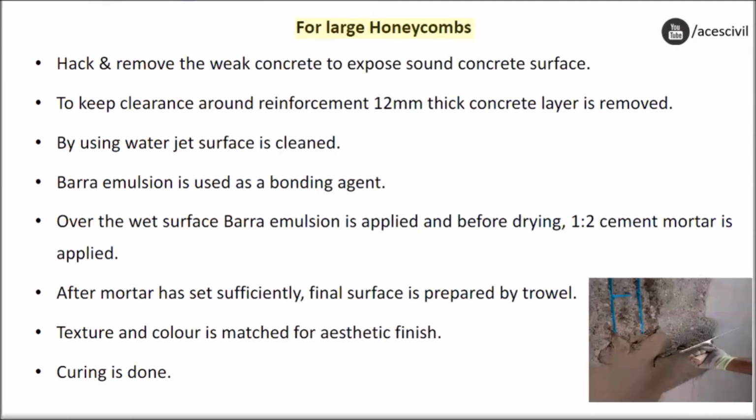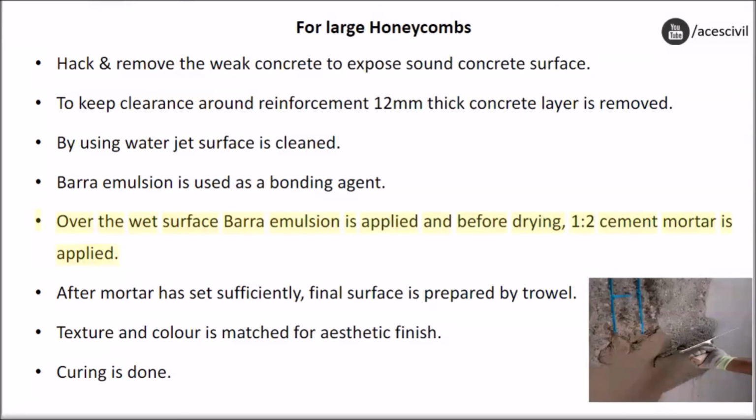For large honeycombs, hack and remove the weak concrete to expose a sound concrete surface. To keep clearance around reinforcement, a 12 mm thick concrete layer is removed. By using a water jet, the surface is cleaned. Bara emulsion is used as a bonding agent.